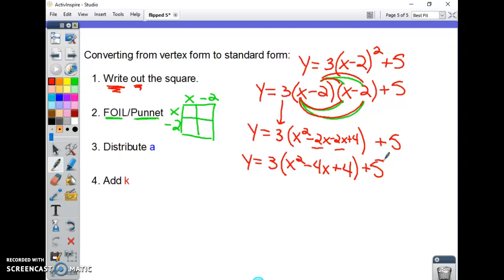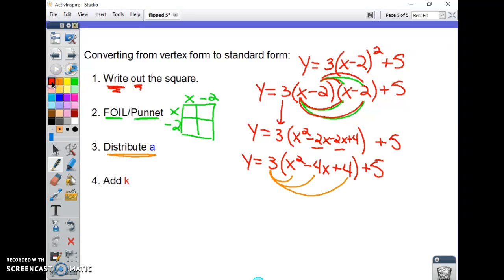Alright, so now we've got the next step, which is going to be distribute a. Now we finally come back to that first coefficient and we distribute. So now we go ahead and distribute that 3 into everything.